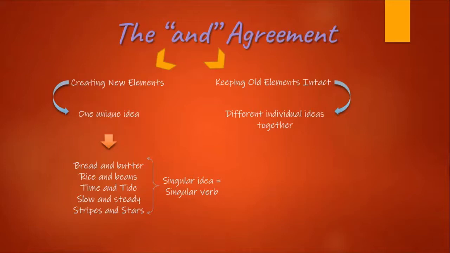That is quite easy. Now, when we talk about different ideas which come together, yes, different individual ideas, but they retain their own identity, they retain their individuality. In that case, for example, we can have man and woman. When you say man and woman, or men and women, these two groups of two very different genders, they don't just become one body.